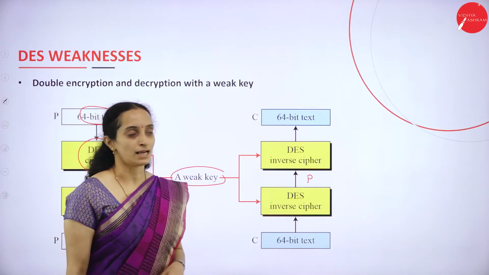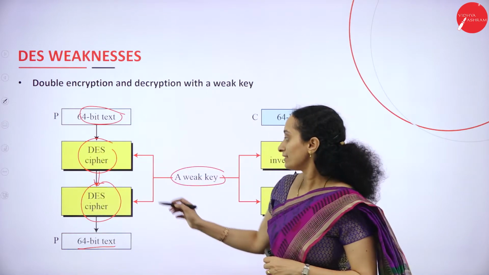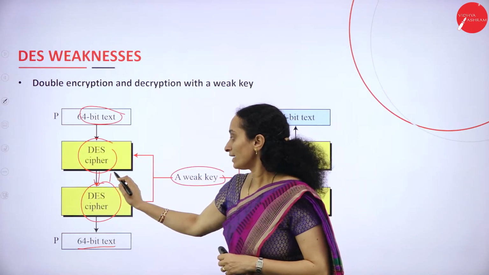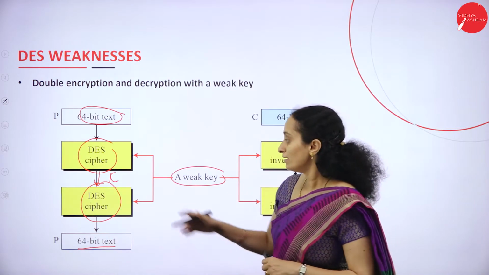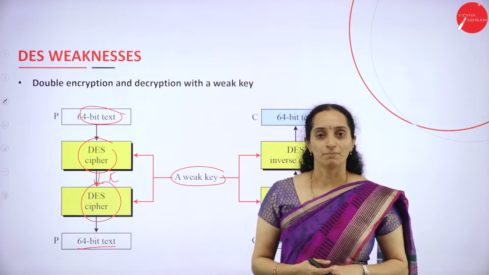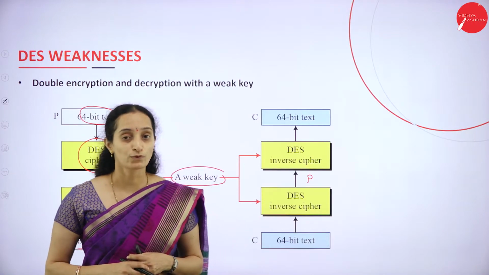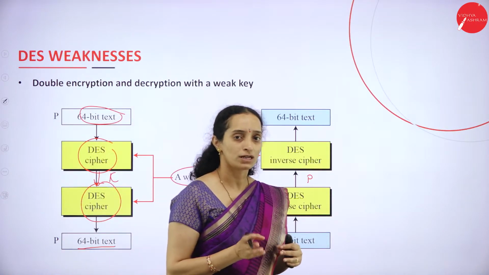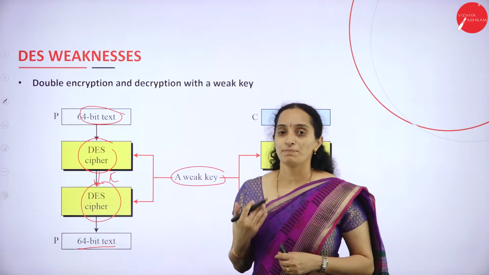Repetition of same step gives you again the cipher text. Here in the encryption, you'll get the cipher text in the intermediate level. When you execute 2 times, again gives you the plain text. Okay, this is more vulnerable, isn't it? You are getting the same text when you repeat the procedure.